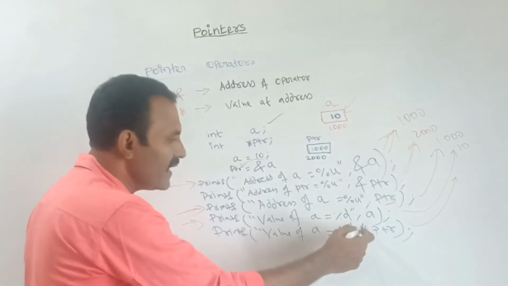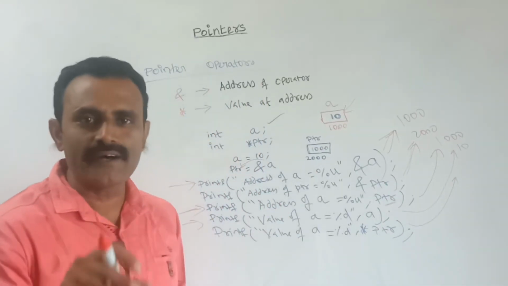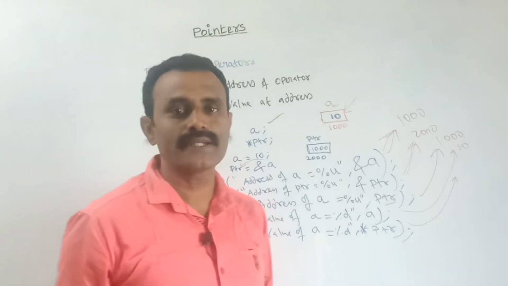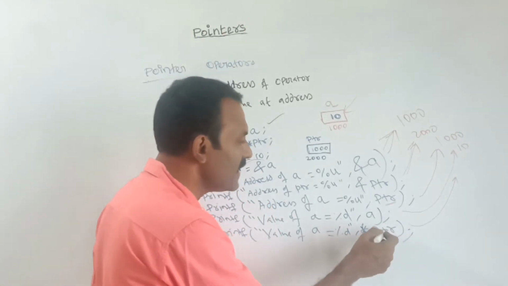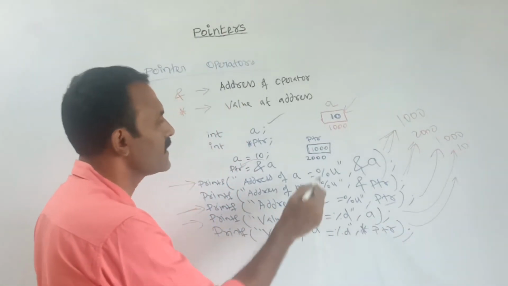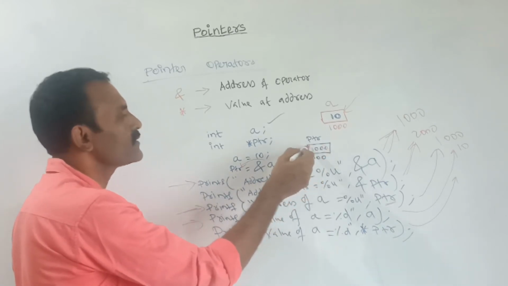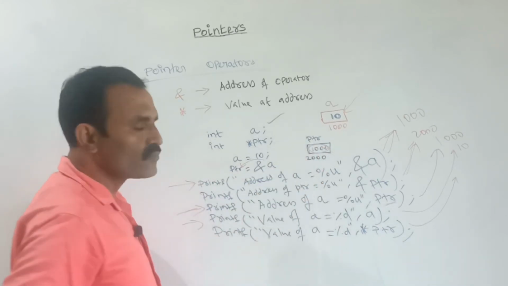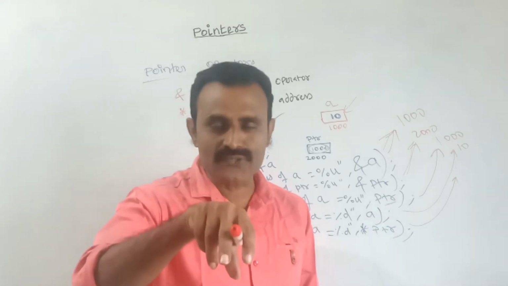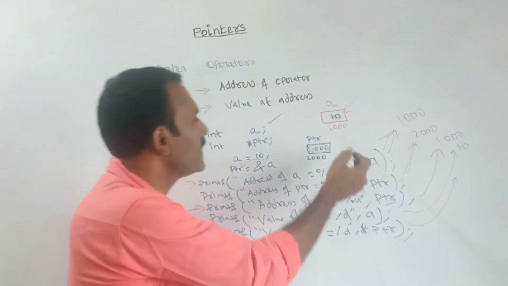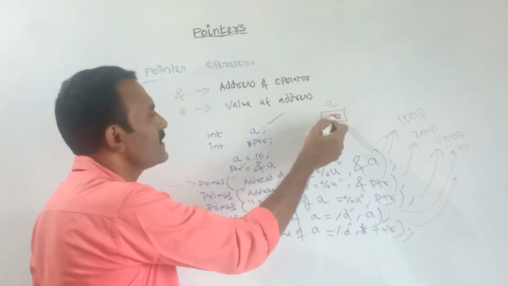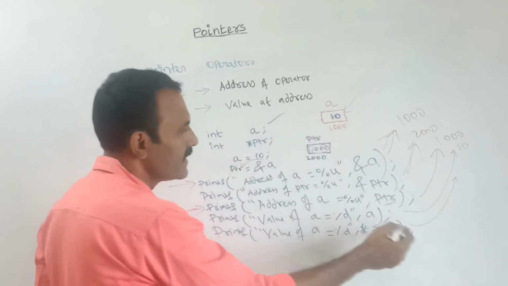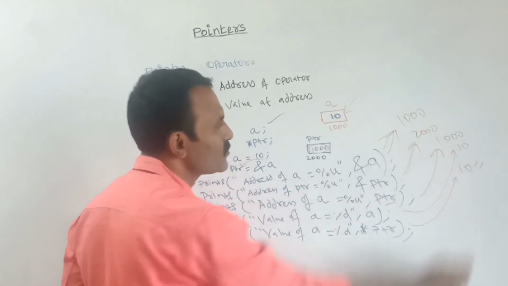So here the value at the address ptr will print. What is the value at this address ptr? Inside this ptr, the address 1000 is stored. So the value at that 1000, what is that value? 10. Inside this 1000 the value is 10. So it will display 10 here also.